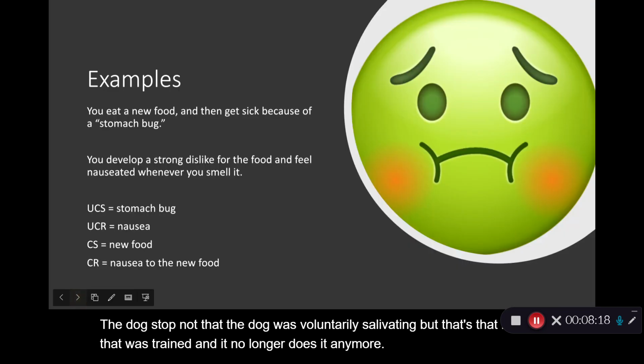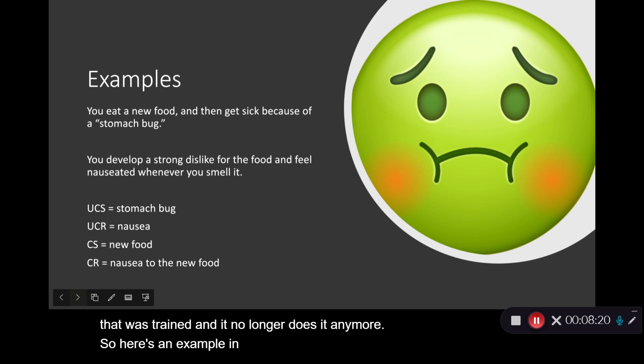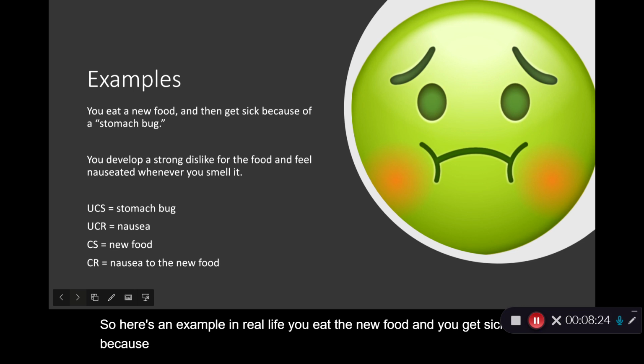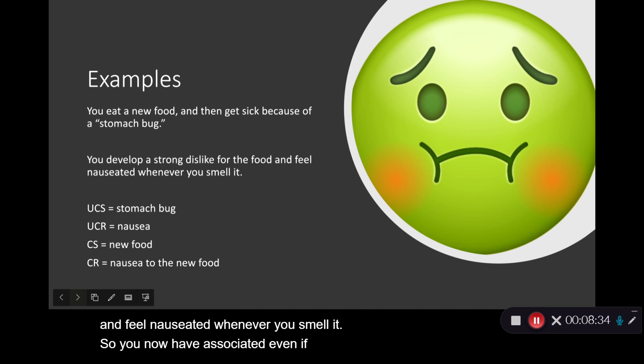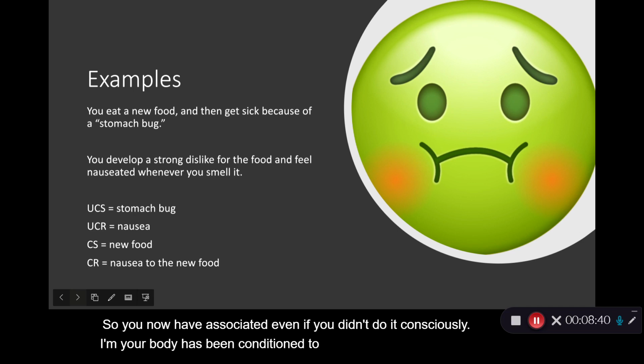So here's an example in real life. You eat a new food and you get sick because of a stomach bug. So then you develop a strong dislike for that food and feel nauseated whenever you smell it. Even if you didn't do it consciously, your body has been conditioned to dislike that food.